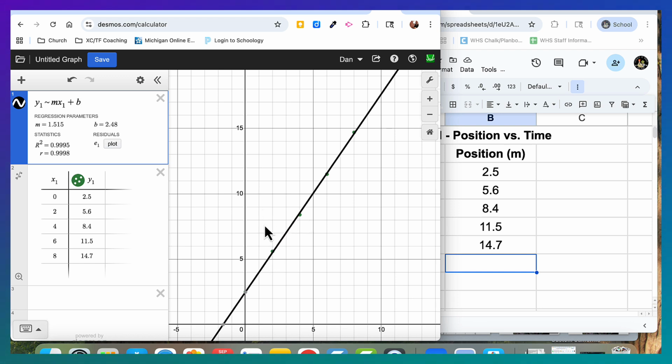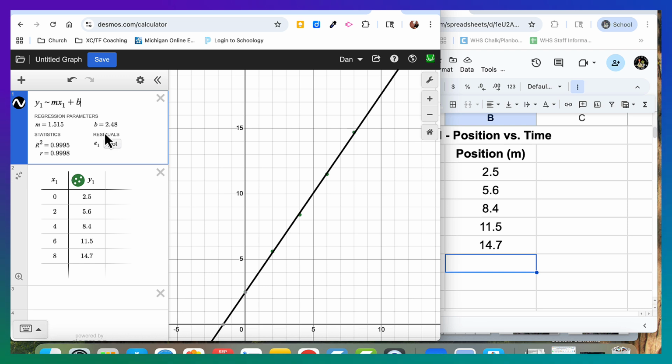Our rise here is our position, so that's going to be meters. And our run, our side to side here, that is time. So it's going to be meters divided by seconds.